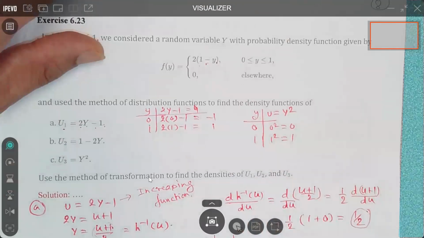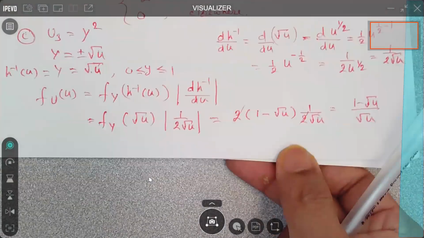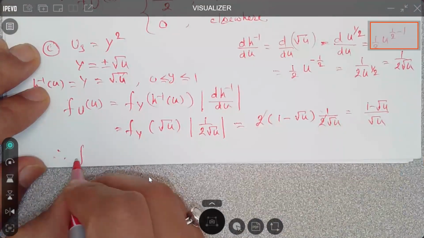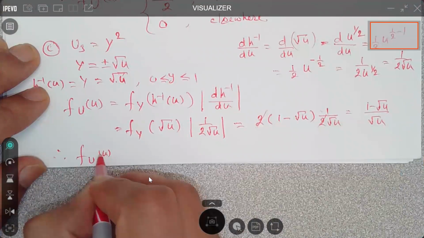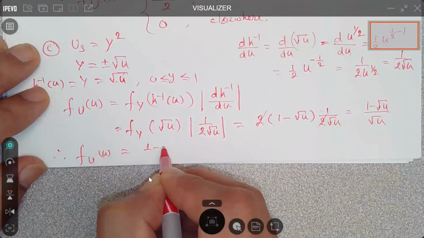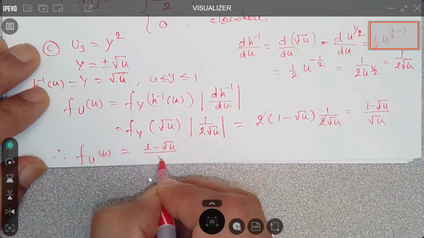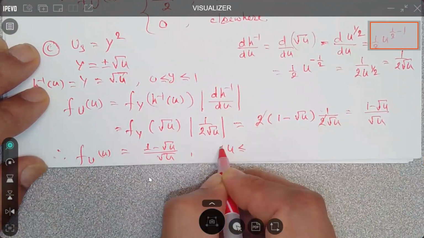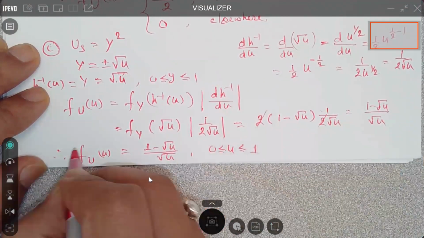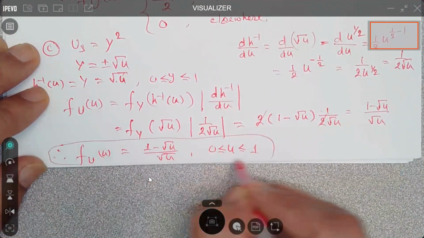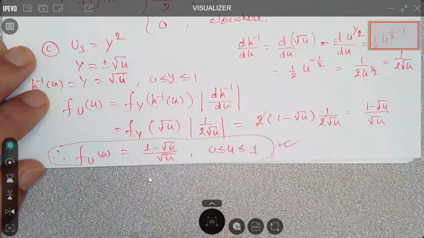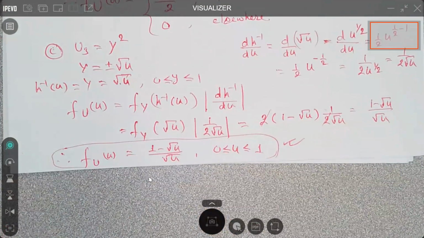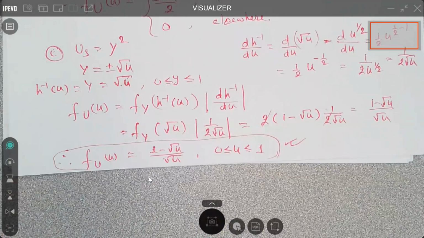Yes, 0 to 1. Therefore, f of u equals 1 minus square root of u over square root of u, and u lies between 0 and 1, and 0 elsewhere. And this is the answer.